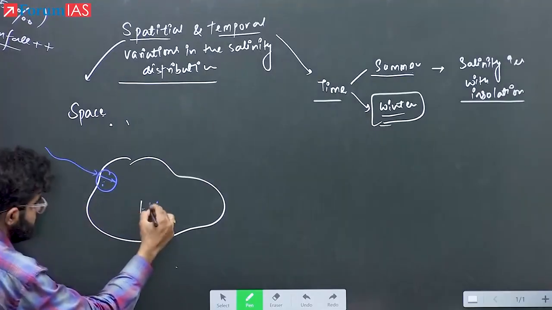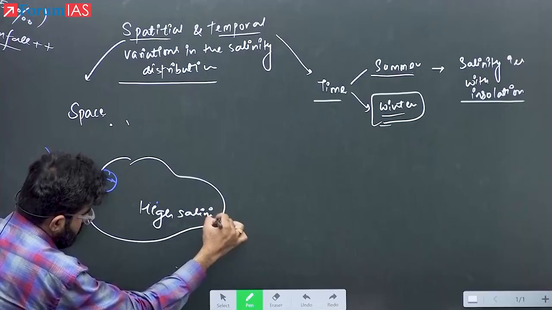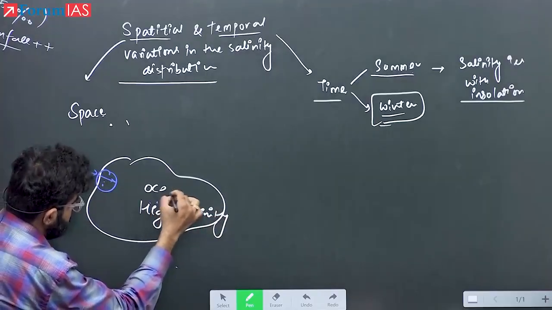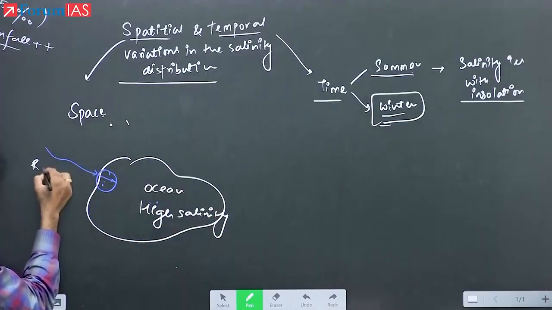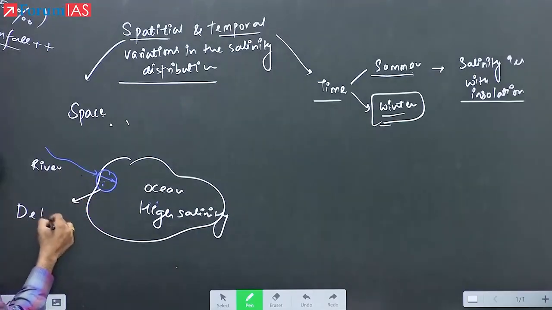Yes. So high salinity here. This is your ocean. Here it is the river. And here it is, let's say, the delta or the estuarine area.